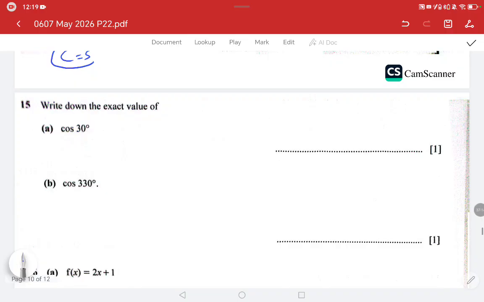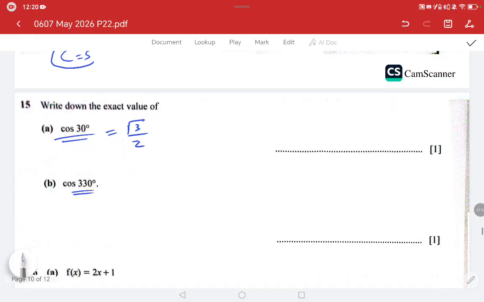And also we studied what if it's another number and we need to know the sign and which quadrant. We will do it quickly now. So cosine 30 is square root of 3/2. Sine 30 is 1/2. So cosine 30 is square root of 3/2.